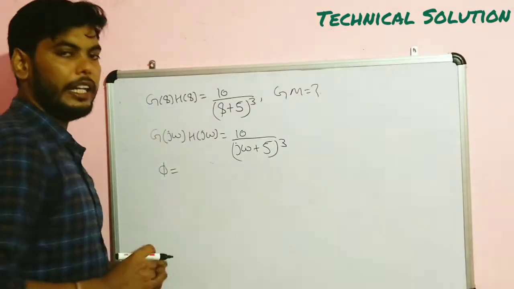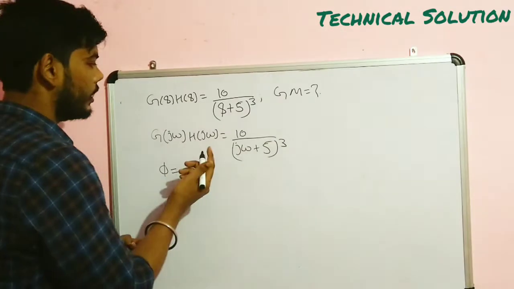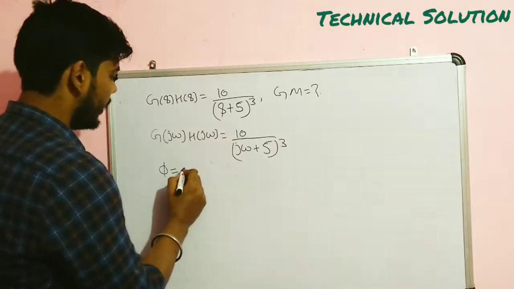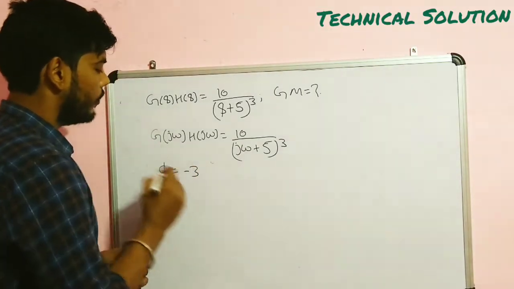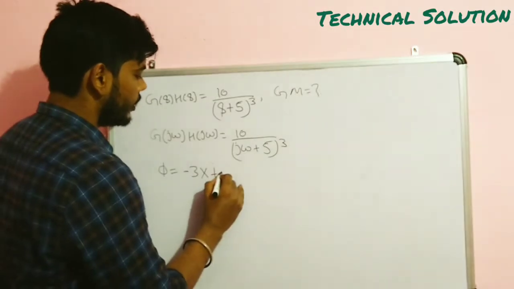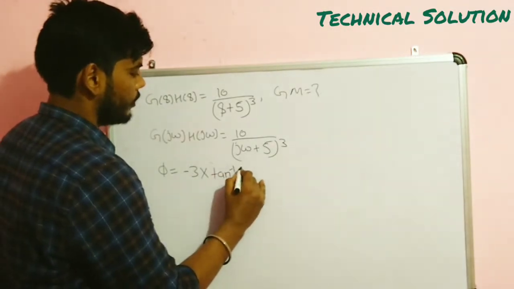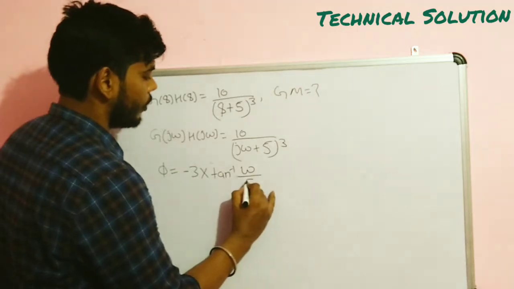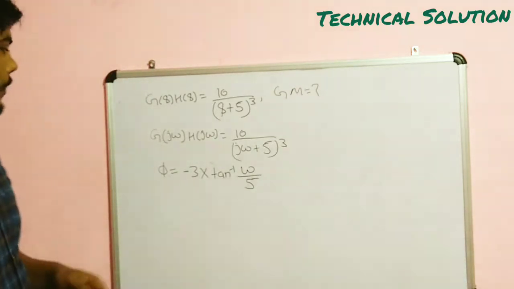The numerator has only a real part, so its phase is 0, and the denominator contributes minus 3 times its phase. We know how we calculate the phase of a complex number: tan inverse of the imaginary part upon the real part.